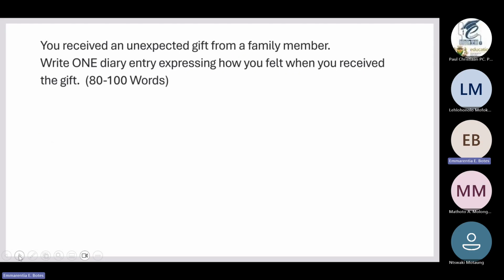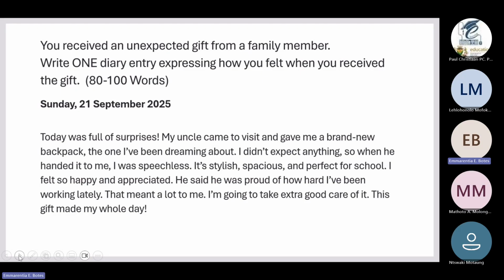Our last one is that you received an unexpected gift from a family member. Write one diary entry expressing how you felt when you received the gift. So Sunday, 21st of September, 2025. Today was full of surprises. My uncle came to visit and gave me a brand new backpack, the one I've been dreaming about.